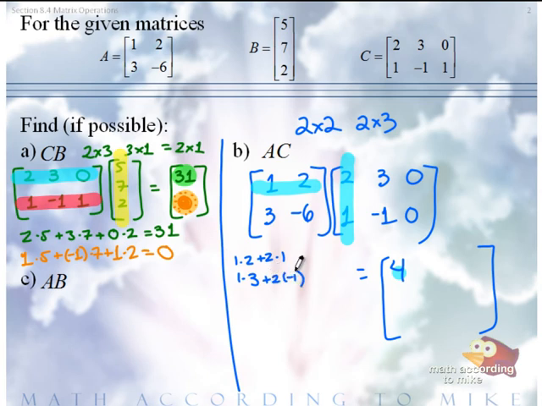You're multiplying the first row. Oh, it didn't let me do that. That's okay. I'll make a new one. The first row by now the second column. What is 1 times 3 plus 2 times negative 1?